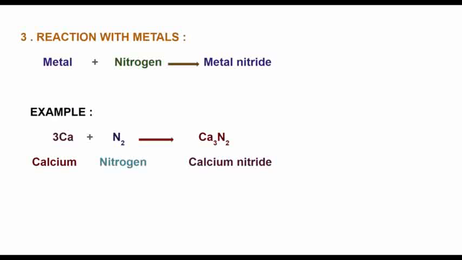Calcium reacts with nitrogen to give calcium nitride. 3Ca plus N2 gives Ca3N2, calcium nitride.